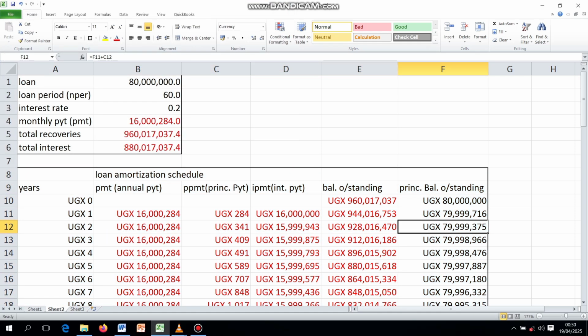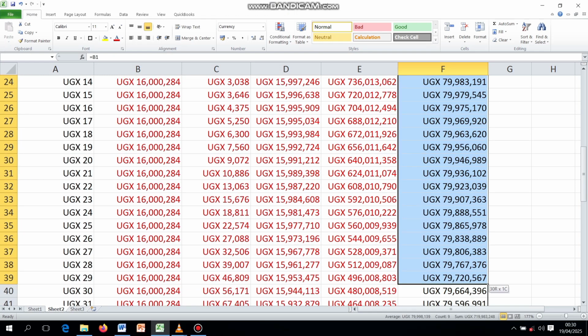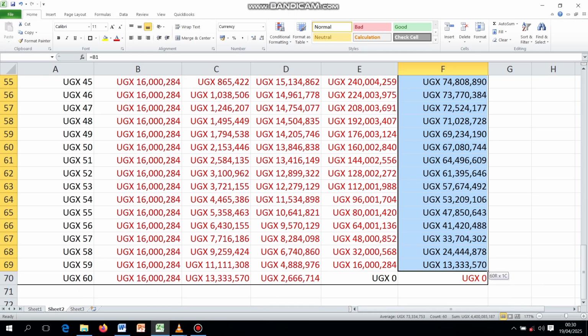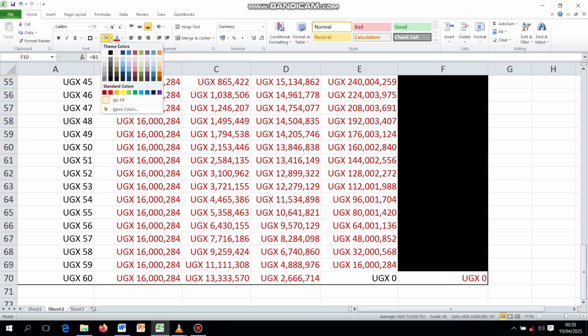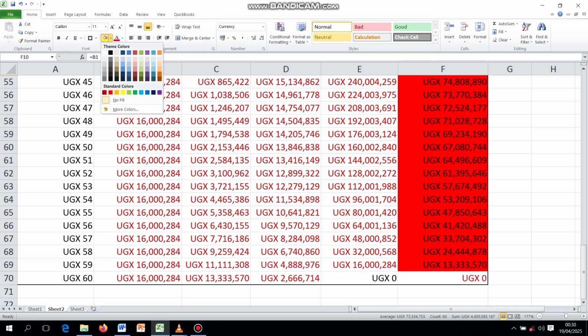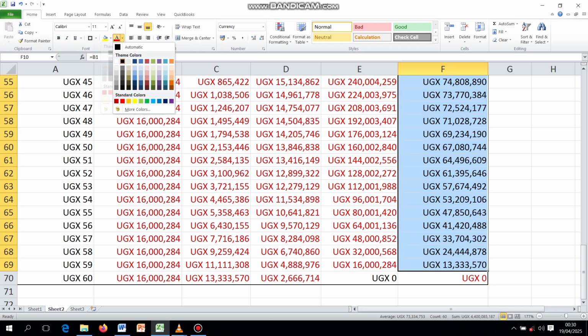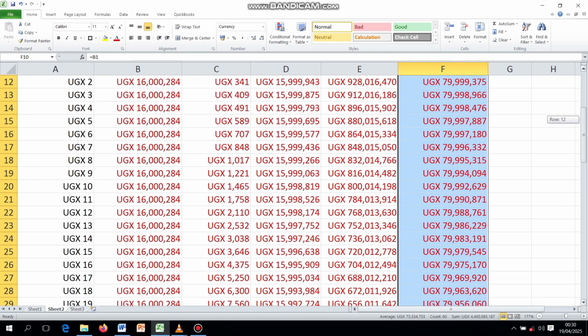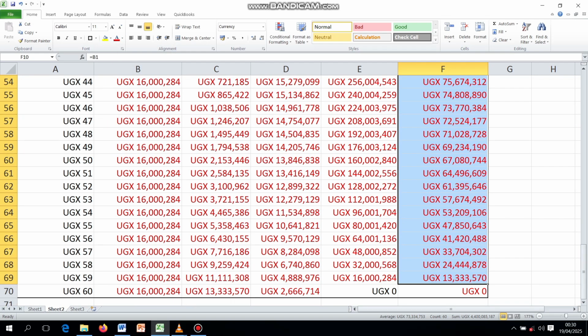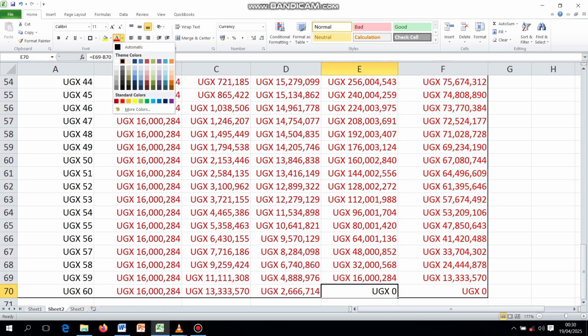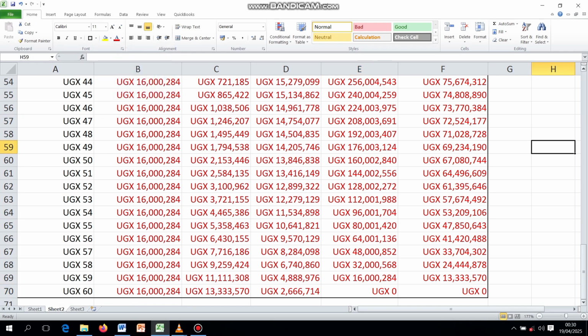Yeah, so in case I need to change this, I will come here and I will change them. Make them red like others. Same applies to this. Also make it red like others. So I'll come even to the first.